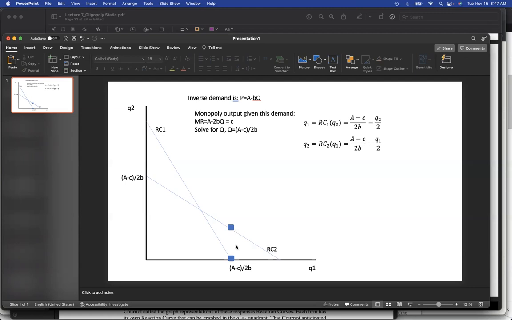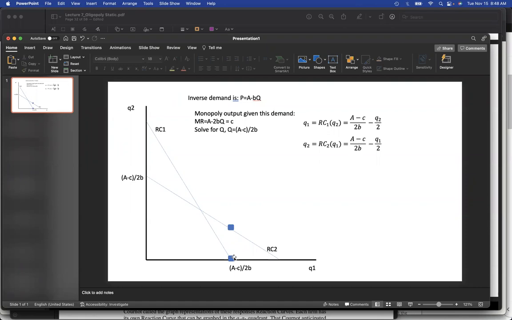If firm 1 produces the monopoly output, does firm 2 want to produce 0? Ito siya. Q1 is now the monopoly output. Saan ka titingin para malaman mo kung ano yung sagot ni Q2? Sa reaction function 2.